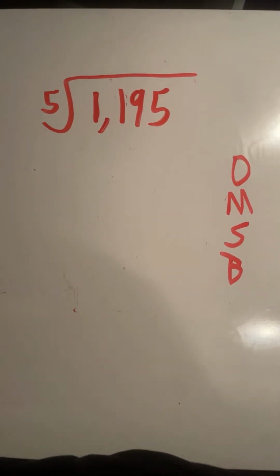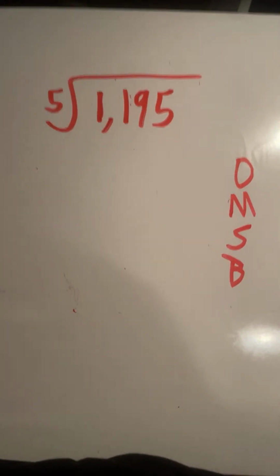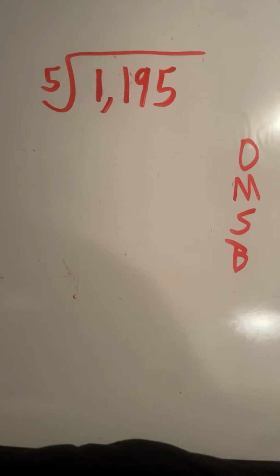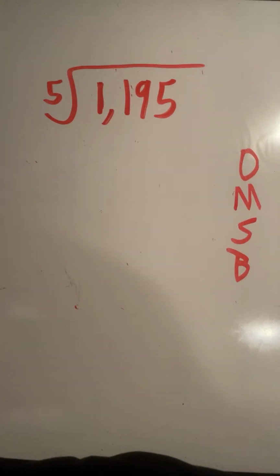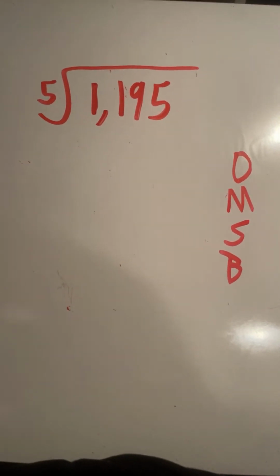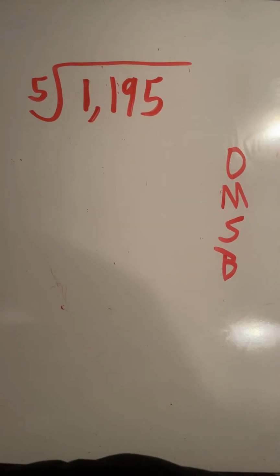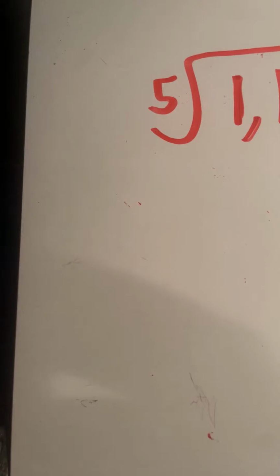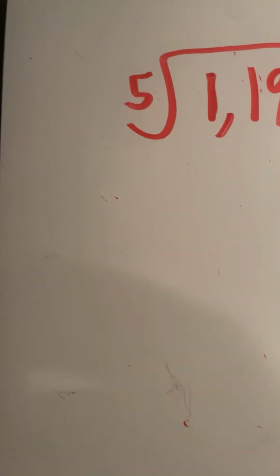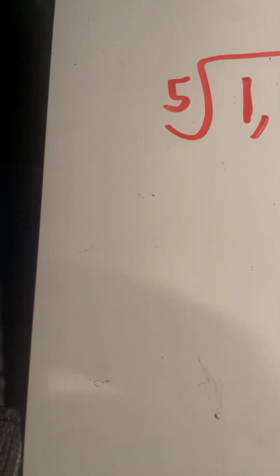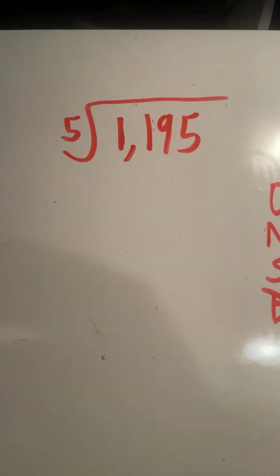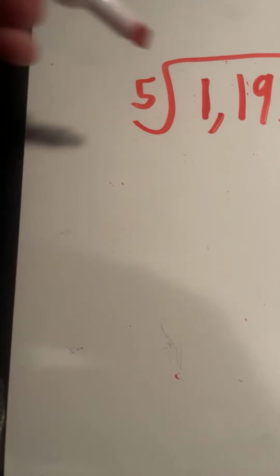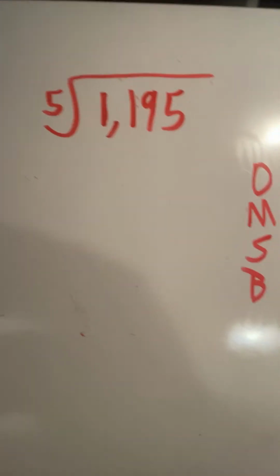These are for all the students that have really mastered the basic arithmetic skills here. So we start out the same way. We want to divide by the smallest number possible. The rule is that the number inside the square has to be equal to or bigger than the number outside the square. So for this one, we cannot start out with 1 digit by 1 digit division, because 5 is bigger than 1. We are able to start out with 2 digit by 1 digit division. We can start out with 11 divided by 5.